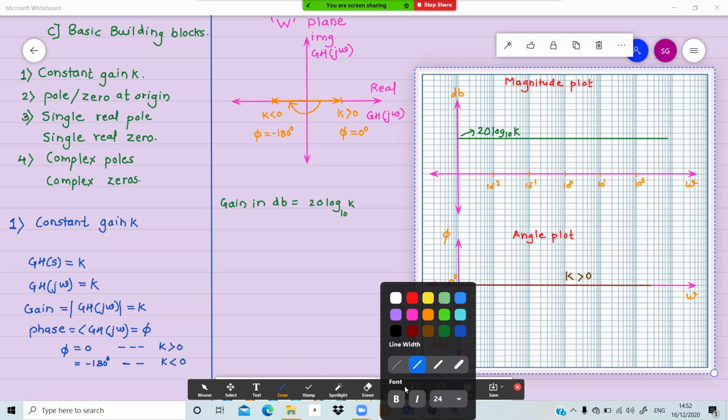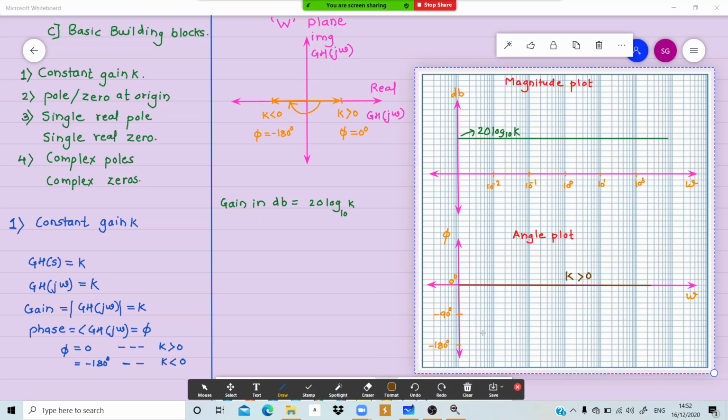And second thing, you are going to have minus 180. So this line will be for k less than 0. So for constant gain k, these were the plots, absolutely parallel to the x-axis, correct?